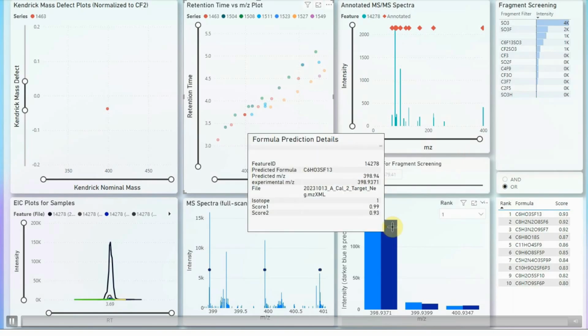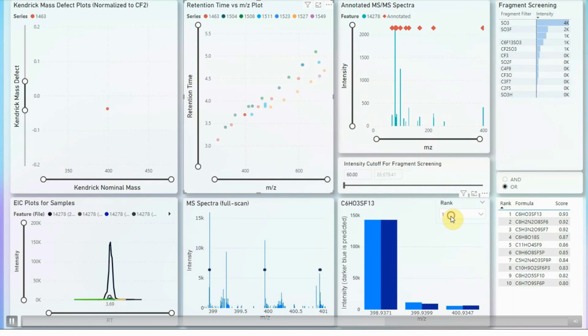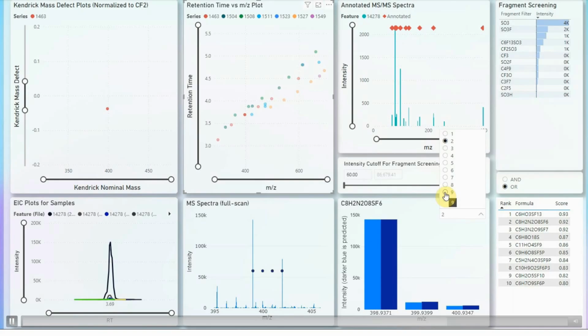You can also see the cleaned MS1 spectra just with the isotopic pattern and how well that matches the theoretical formula given by our formula prediction algorithm described in the last video.